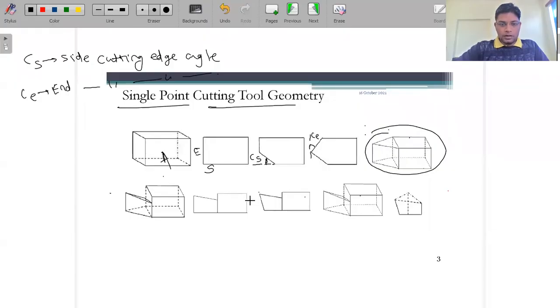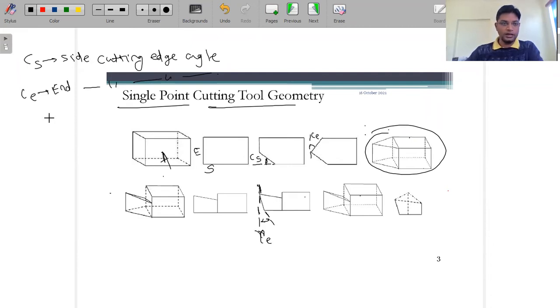If you look at the geometry, this is from the perpendicular, from the normal. This angle we call gamma E. What is gamma E?